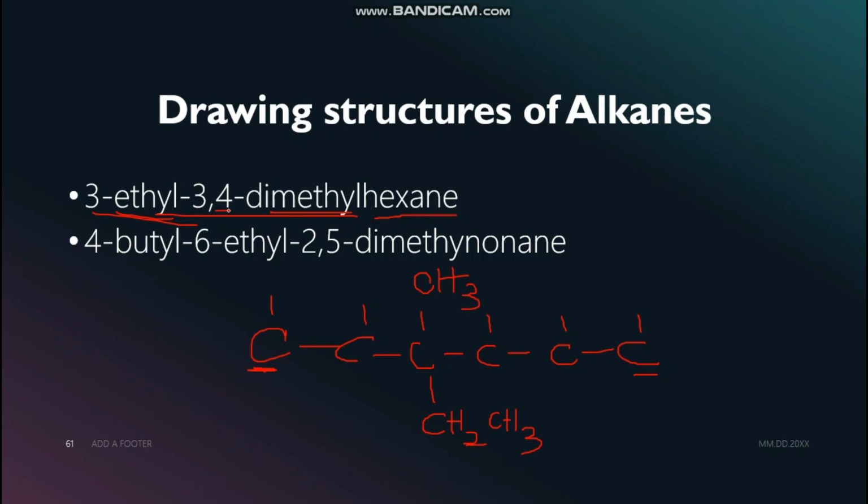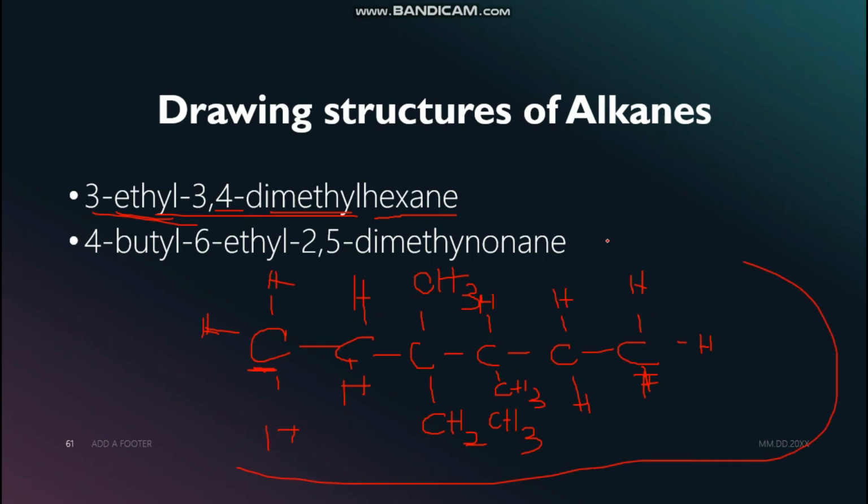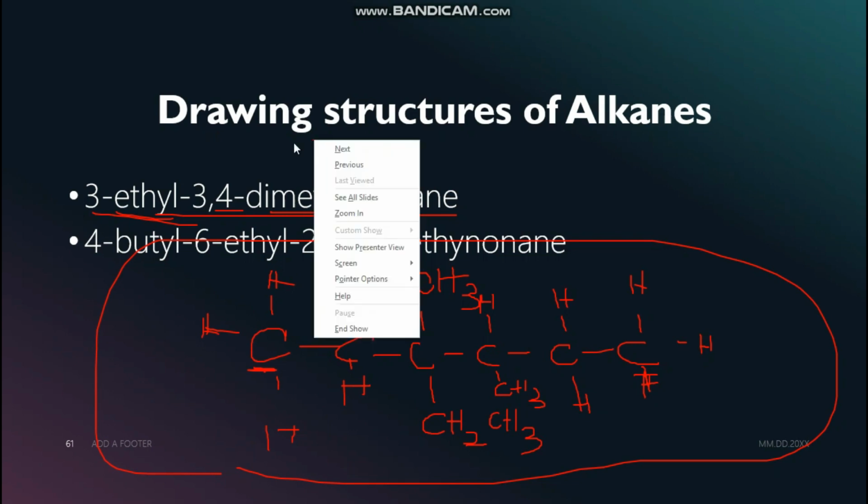On the fourth carbon, it also has a methyl. Okay, so the remaining bonds are all H. Okay? That's H. So this is 3-ethyl-3,4-dimethylhexane.